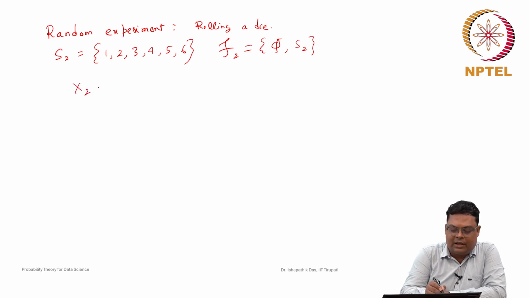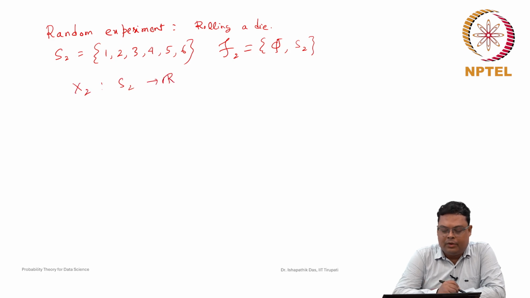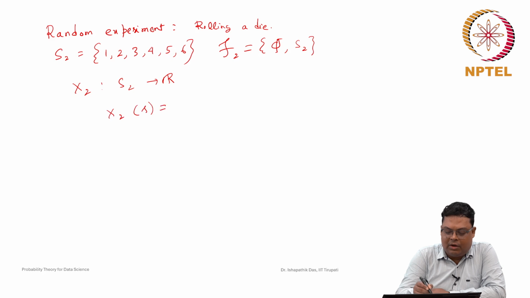Suppose X2 is another random variable from S2 to R, defined as X2(s) = 1 if s belongs to the even numbers 2, 4, 6, and X2(s) = 0 if s belongs to 1, 3, 5.